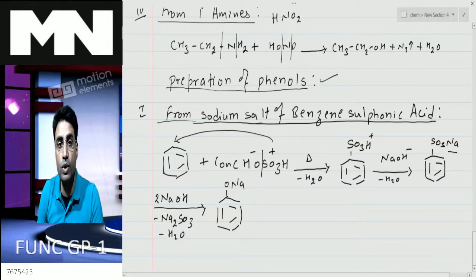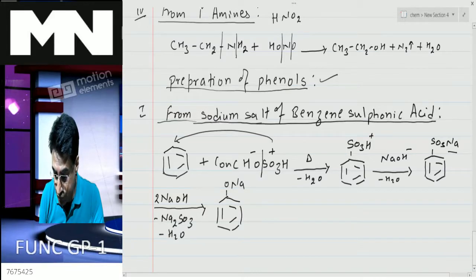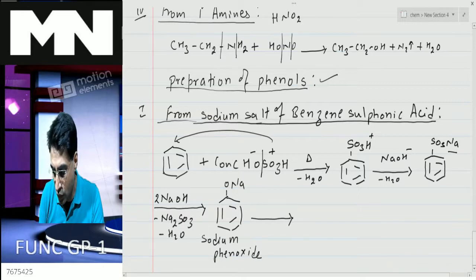We are left with 1 sodium and 1 oxygen that will come on the benzene ring. This is sodium phenoxide. Sodium phenoxide on reaction with HCl will lose NaCl and you'll end up with phenol. So you'll get phenol.